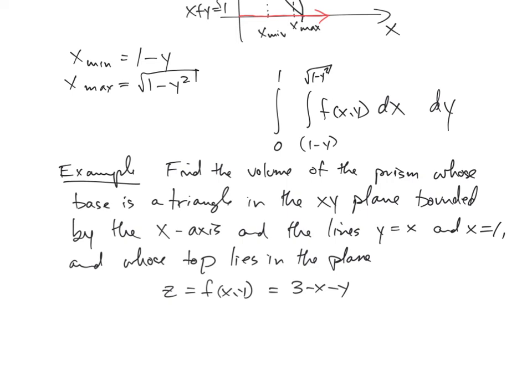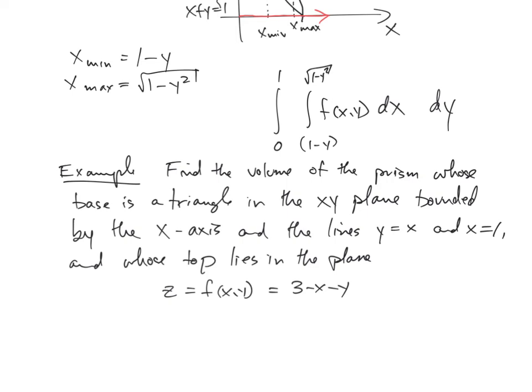Okay, so we're supposed to find the volume of a prism whose base is a triangle in the xy plane, bounded by the x-axis and the lines y equal to x and x is equal to 1, and whose top lies in the plane z as a function of x and y, 3 minus x minus y.